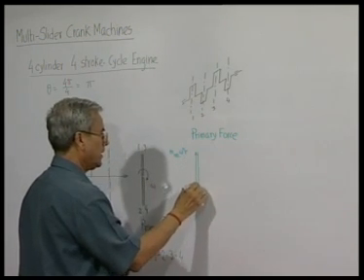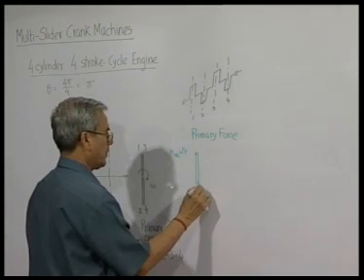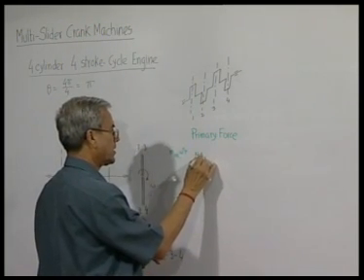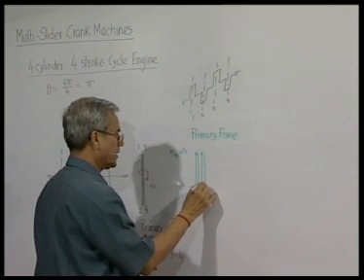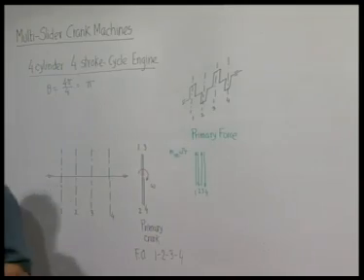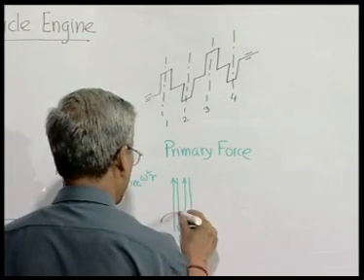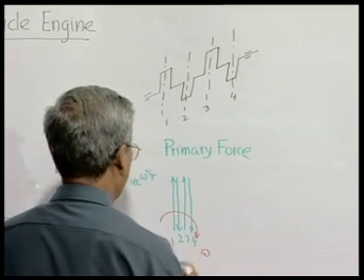Number 2 will be just opposite in this direction, number 3 will be of the same magnitude in this direction, and number 4 will be in this direction. And the whole thing, as you know, is rotating with a speed omega.